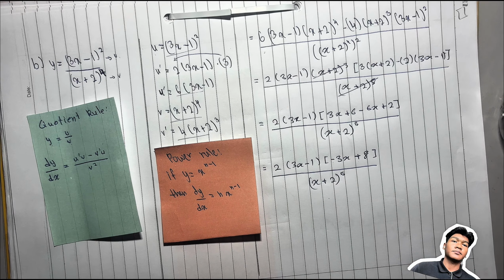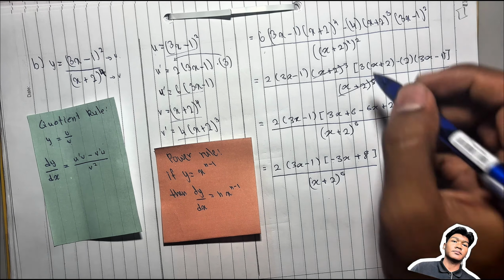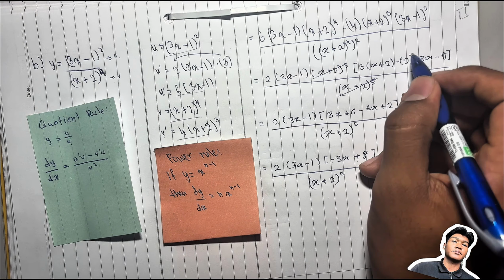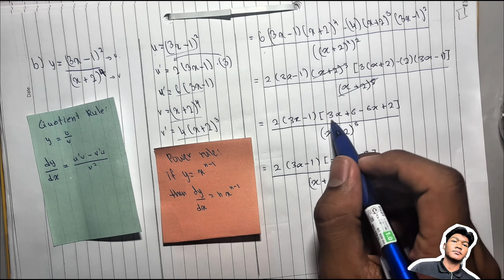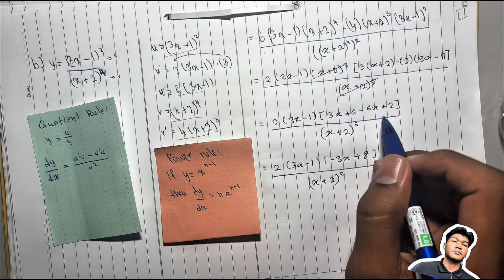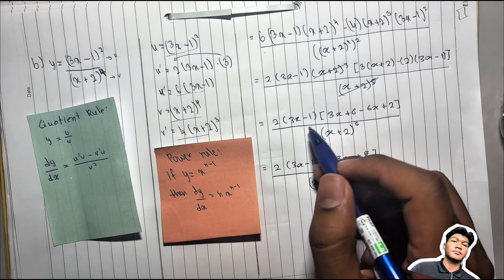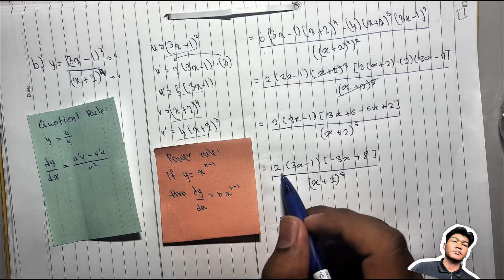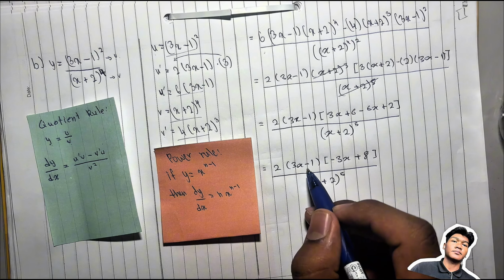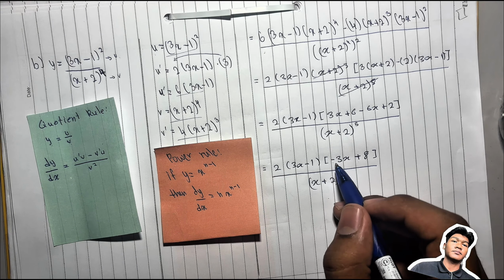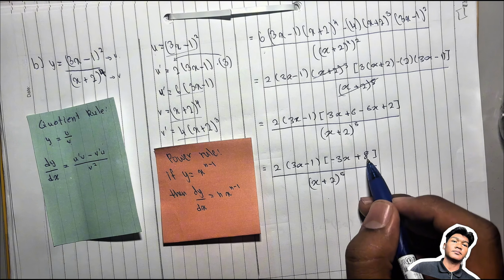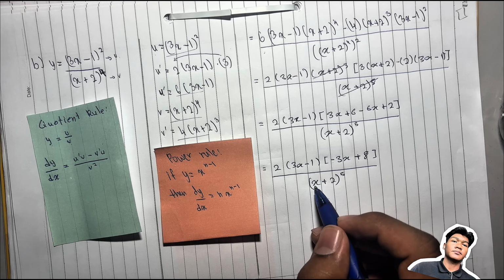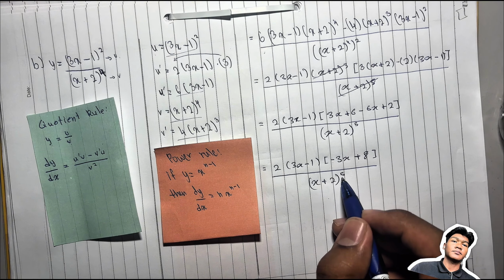After we cut it, we're going to expand this one. After we expand it and simplify all this, we're going to get 3x minus 1 times negative 3x plus 8, over x plus 2 to the power 5.